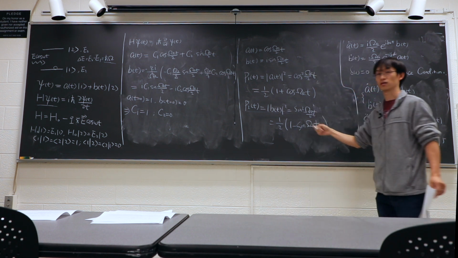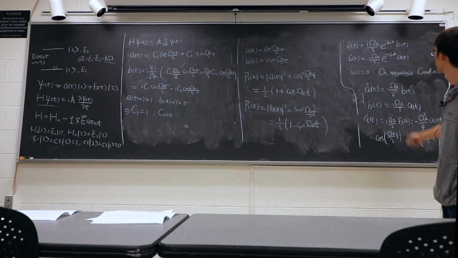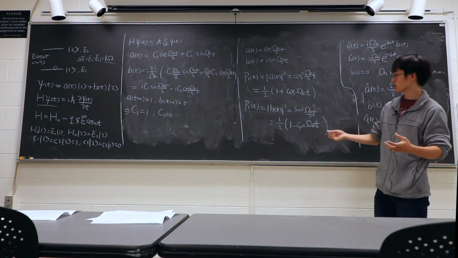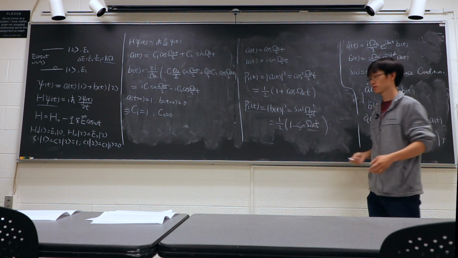So this is why for the Rabi frequency, we didn't absorb a 2 there, okay? Because the probability is oscillating at a frequency of omega R, the Rabi frequency.